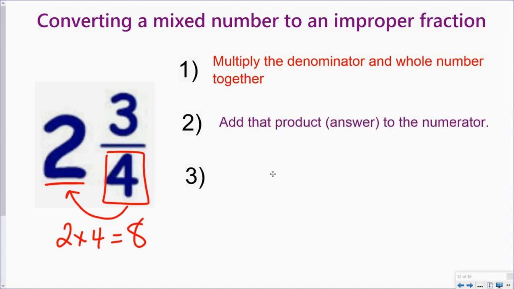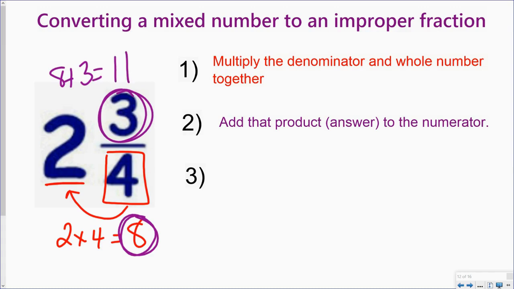Then my next step is to add the product, or the answer that I just got, and the numerator. So I'm going to take this 8 and add it to my numerator. 8 plus 3 will give me a total of 11.